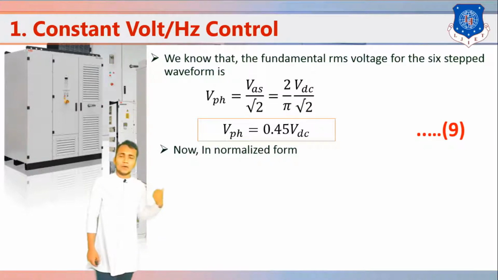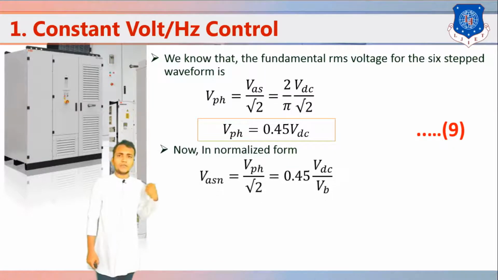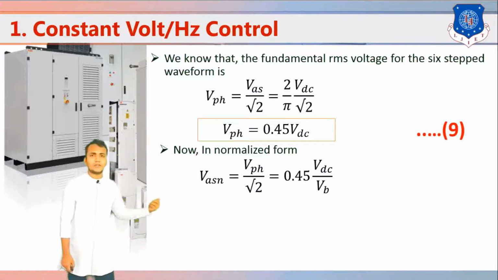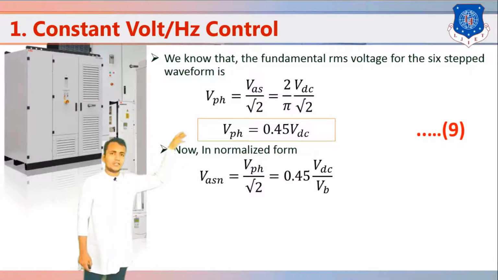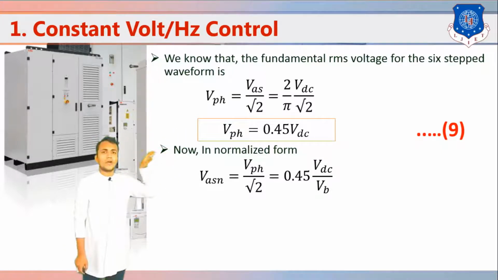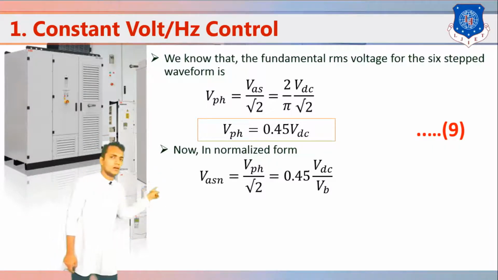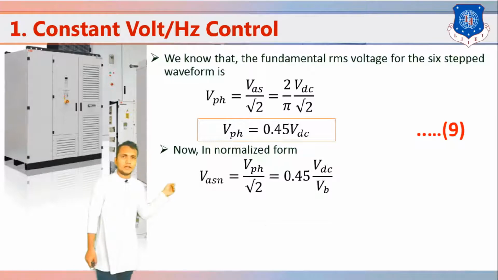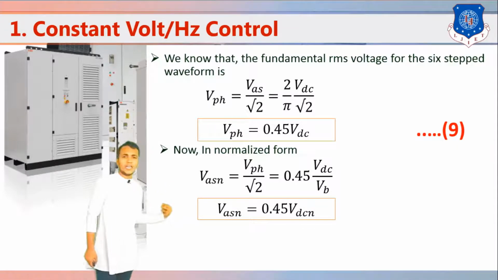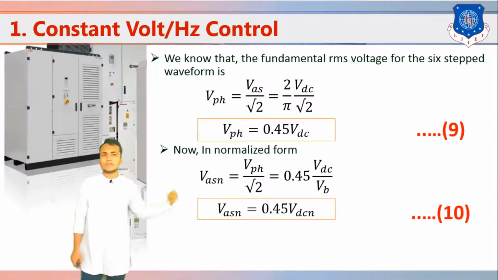Now in the normalized form, we can write the applied voltage as Vasn. So Vasn is equal to V phase divided by root 2, that is equation number 9, so we can write 0.45 Vdc divided by VB, because that is a normalized equation. Now Vasn is equal to 0.45 Vdcn, that is equation number 10.